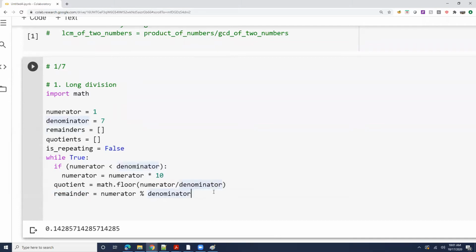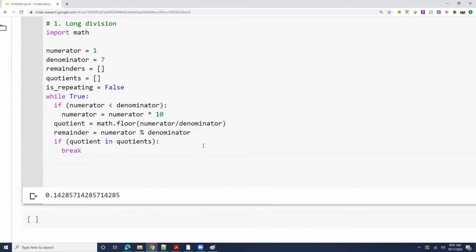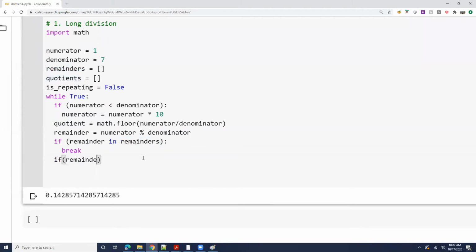So now what do you check? If remainder in remainders, sorry, not quotient in quotients, if remainder in remainders, or if remainder equal to 0, break.